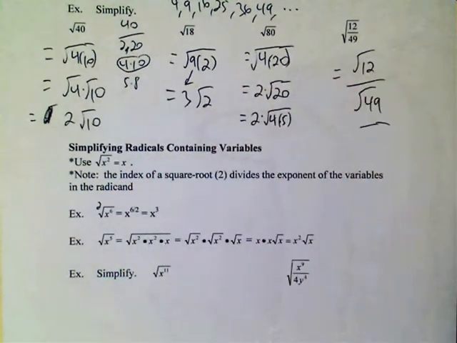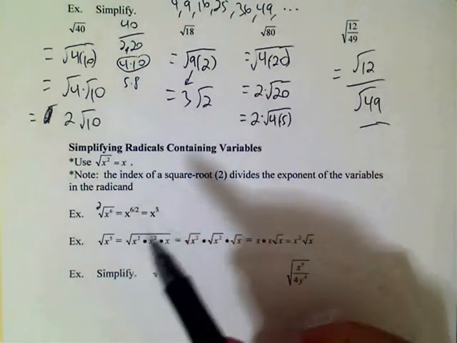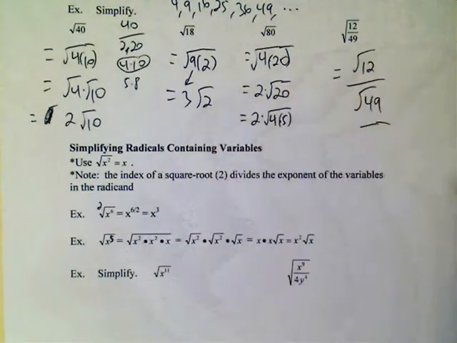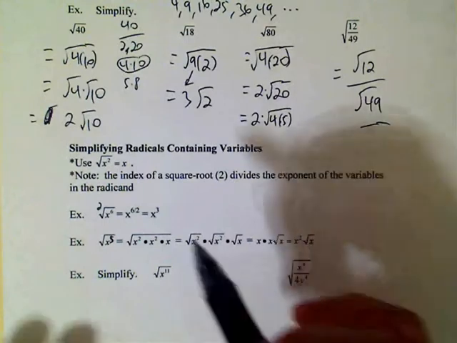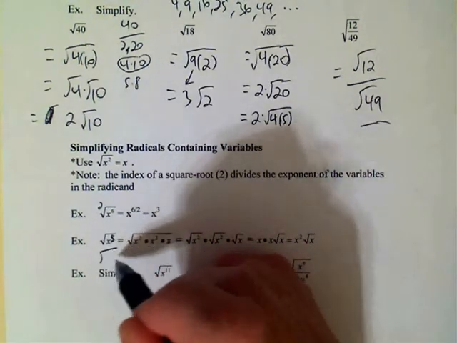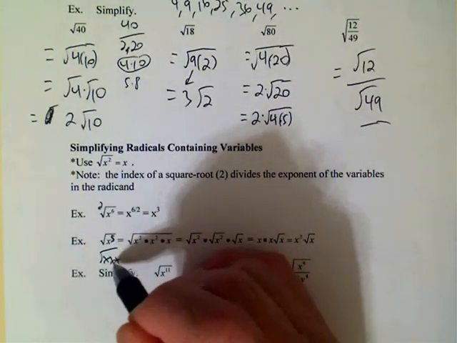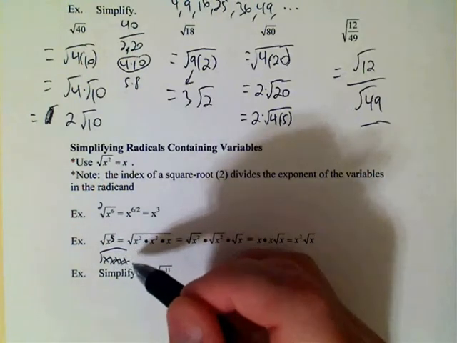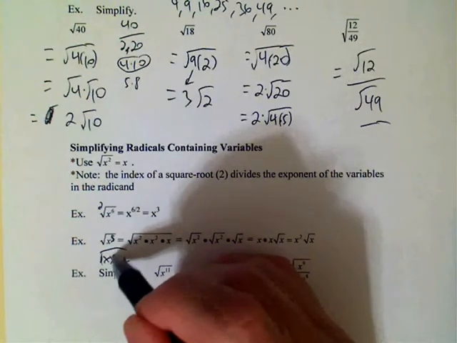Now what happens if it's a 5? This is a 5 right here. What happens if there's 5 or an odd number? What you can do is rewrite it as square root of x times x times x times x times x. But as we have seen before, every 2 x's makes a square.